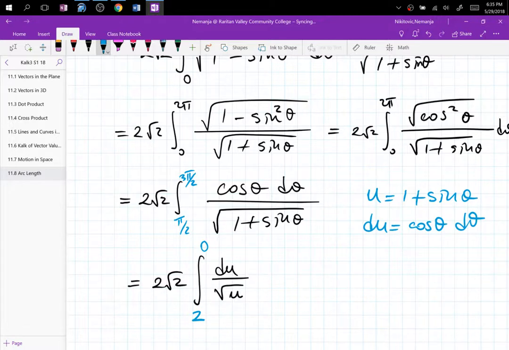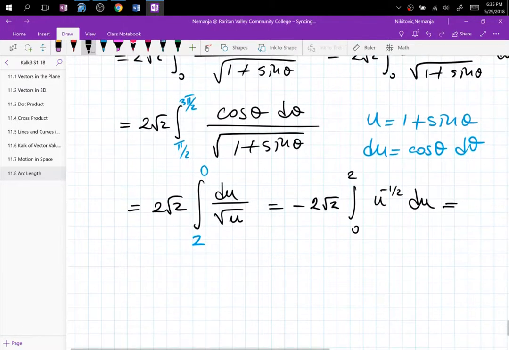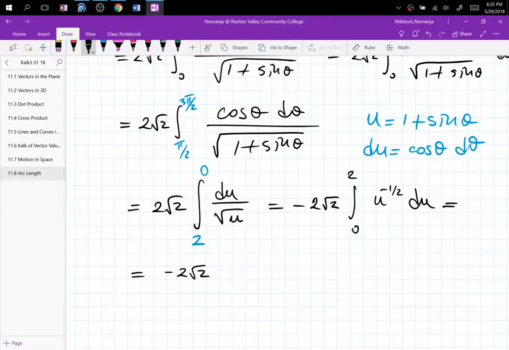Good. Now we can switch this with a negative 2 root 2, and then the integral from 0 to 2 of u to the negative 1/2 du. So now I have negative 2 root 2 times the integral, which is u to the 1/2 divided by 1/2, which is times 2. Okay, fine, from 0 to 2, and I'm going to get a negative answer now.